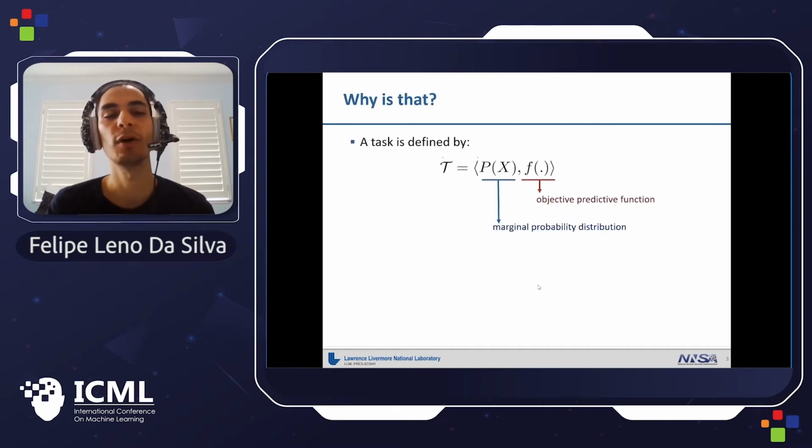But this is a hard thing to do. And why is that? Well, first we have to define what a task is. Basically, a task is composed of a marginal probability distribution, which defines how likely a given observation is to be sampled, and the objective predictive function, which, given a specific observation, gives the correct label for this observation.